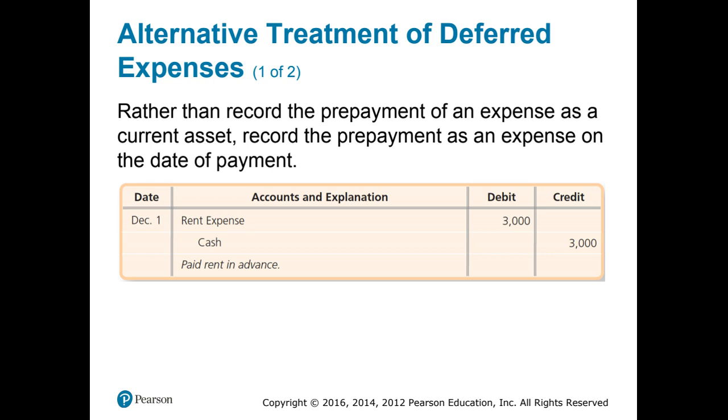So rather than record the prepayment of an expense as a current asset, we're going to record the prepayment as an expense on the date of payment. So we're going to debit rent expense by $3,000 and credit cash by $3,000, and we're saying that we paid rent in advance. And this is on page 144.